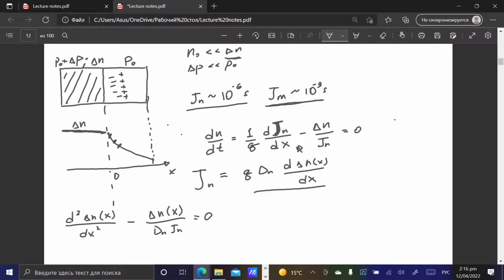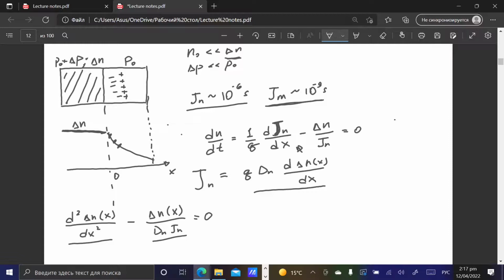You see now it's easier, we don't have J anymore, so we can focus only on delta n. We rearrange it a little bit, so we get the second derivative without any coefficient, and all the constants we put next to delta n as a function of x.